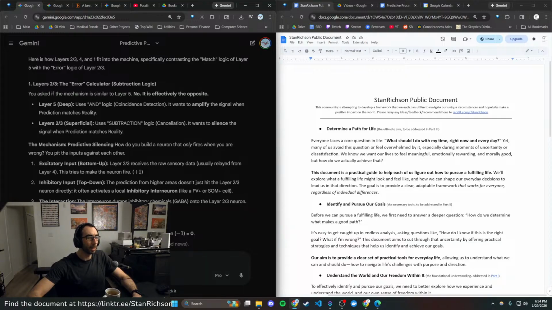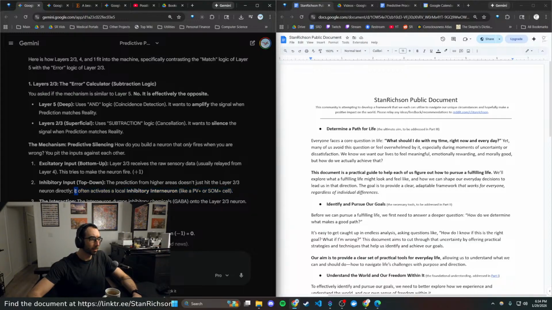It often activates a local inhibitory interneuron, like a PV plus or a SOM plus cell. So this is a neuron that is, let's just say, the preceding neuron in the chain. It's the neuron that's actually determining what reaches the neuron we're concerned about, its dendrites, and that neuron is going to provide inhibitory signal via chemicals.